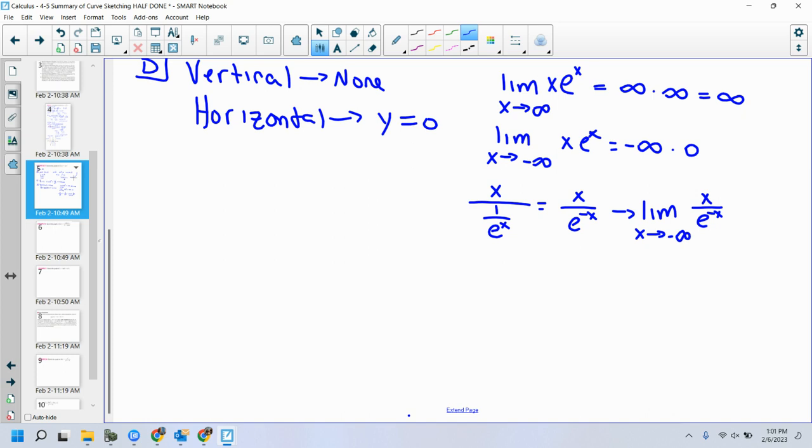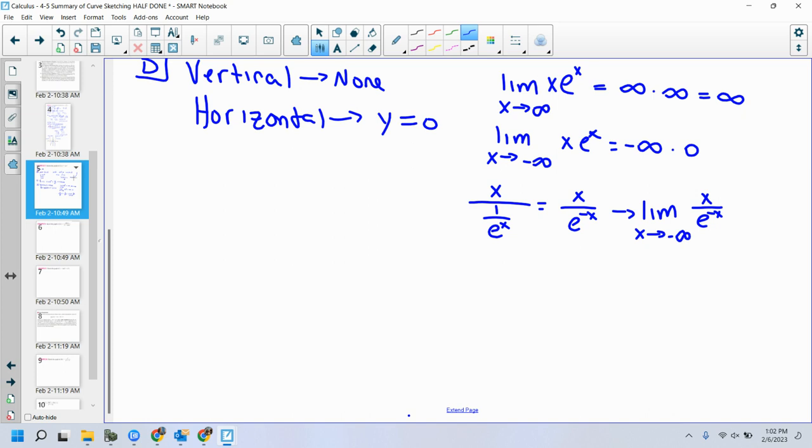Well, in this case, negative infinity, then it's going to equal -1.